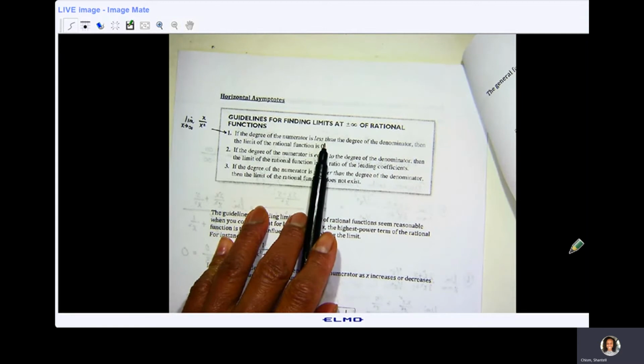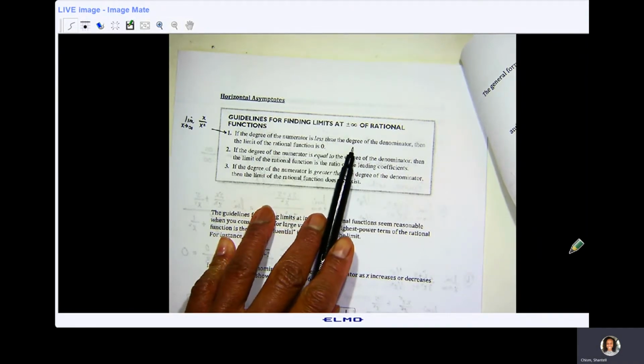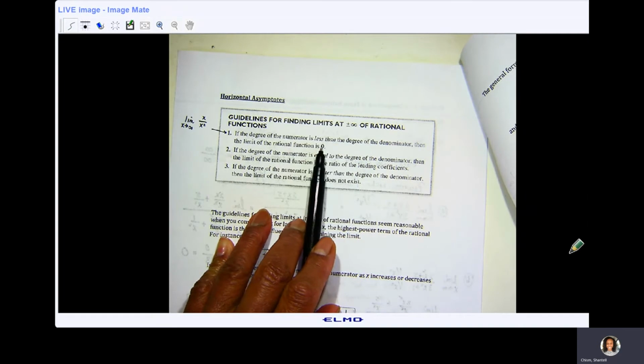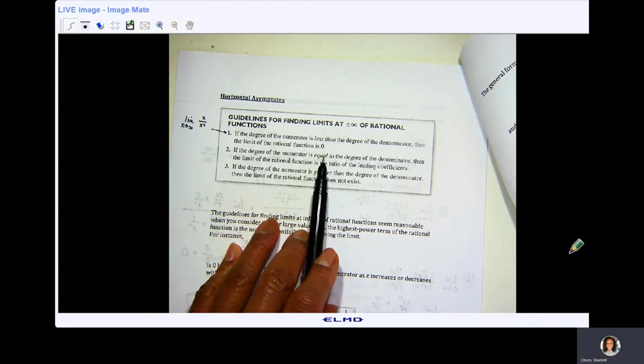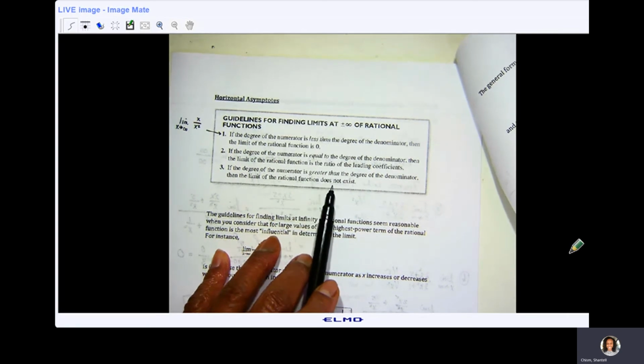So remember, if the numerator has a degree that's lower than the denominator, then the limit value is 0. If they're equal, then it's equal to the ratio of the leading coefficients. And if it's greater, then it doesn't exist.